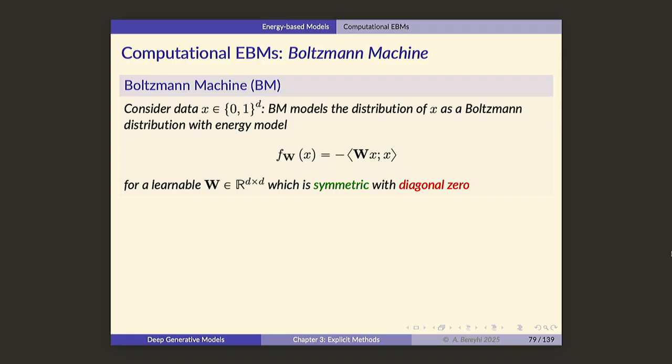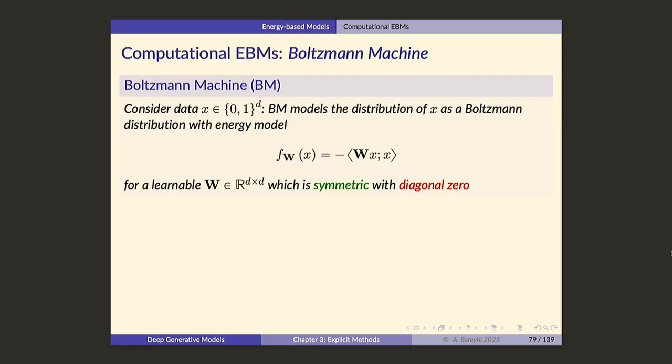Now, what should be the dimension of W if X is of dimension D? If X is of dimension D, then how many columns should W have?